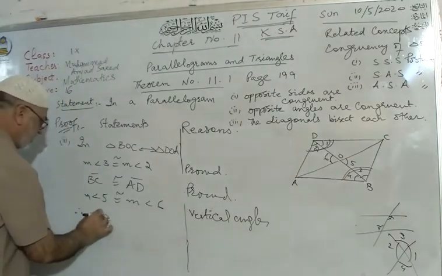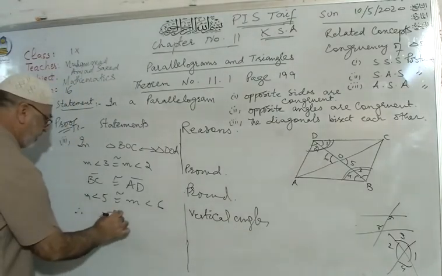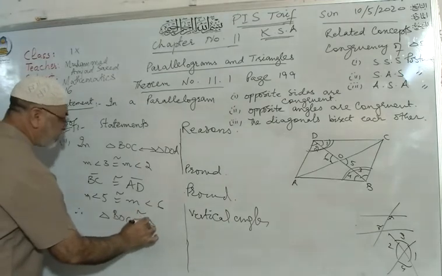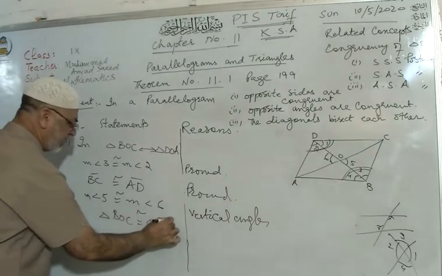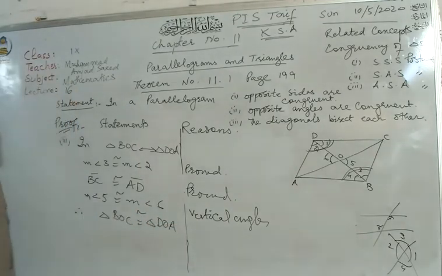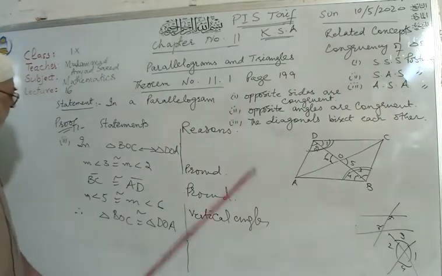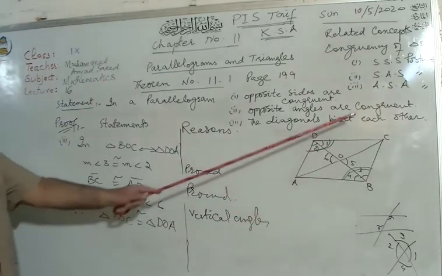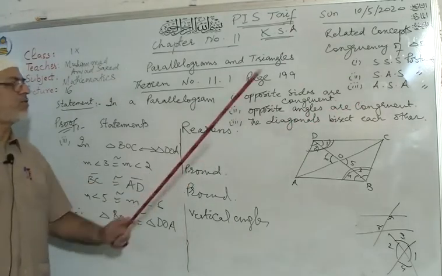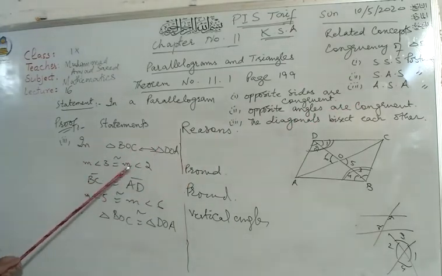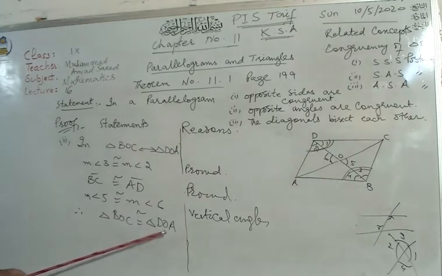Therefore, triangle BOC is congruent to triangle DOA. What is the condition? My dear students, again, you have angle, side, angle postulate, and here is angle, side, angle postulate.